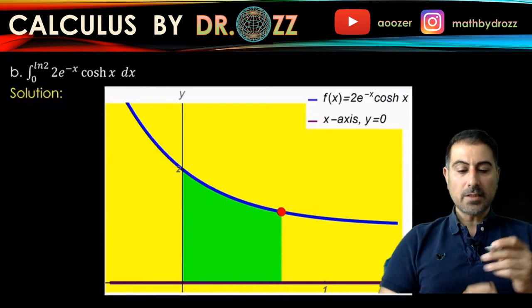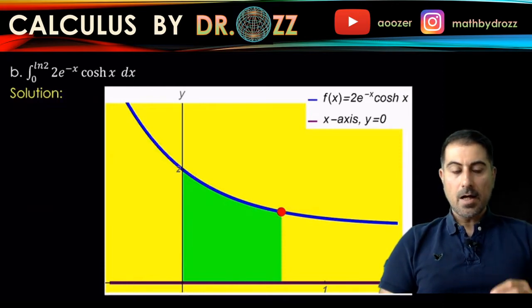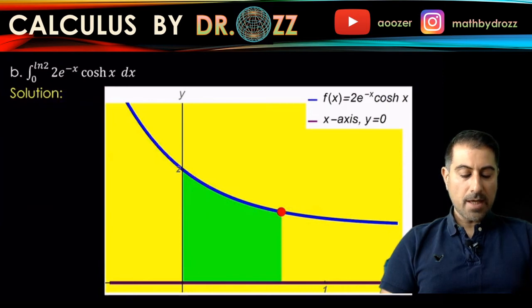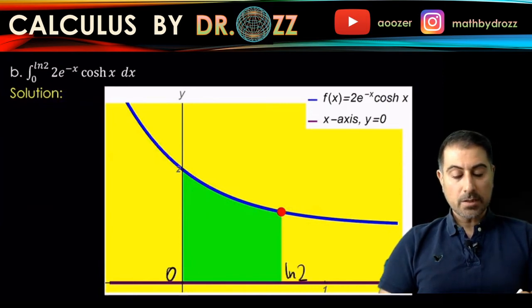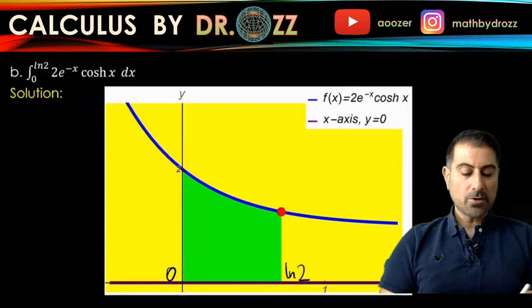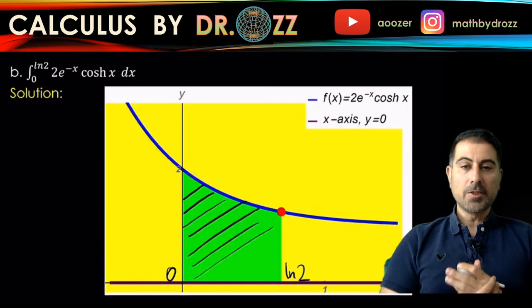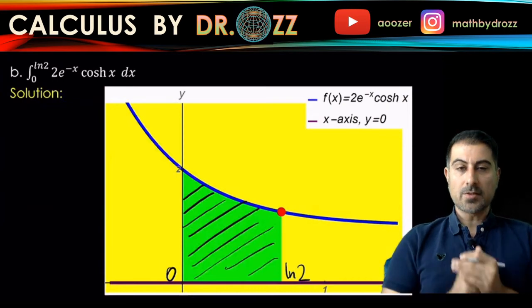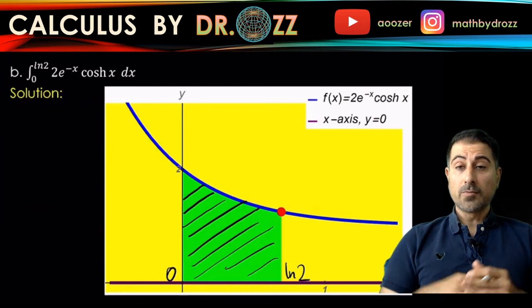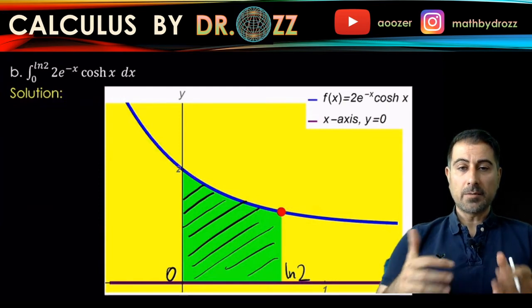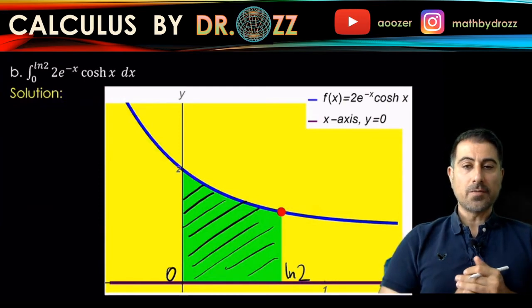And we're interested in the area in between 0 and ln2 for x, right? So we're talking about this region here, and the area of this region is just this definite integral. Whatever value we come up with is going to be this area of the region.